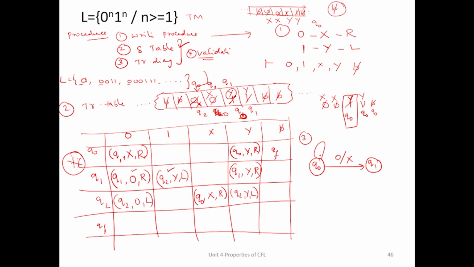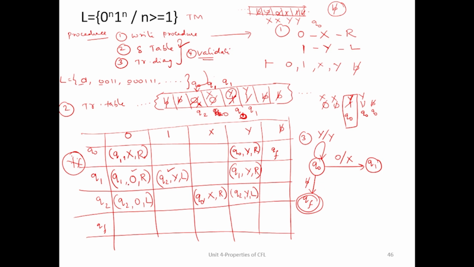So you draw the self loop Y, there is no change in Y. Then for the third one, if Q0 reads blank space, it will go to the accept state, that is QF. So the accept state will be drawn with a double circle. So the first row contains 3 functions. So I draw 3 outputs from the initial state.